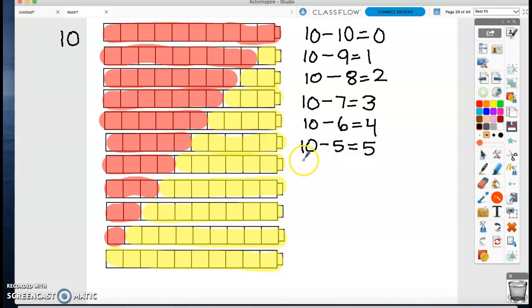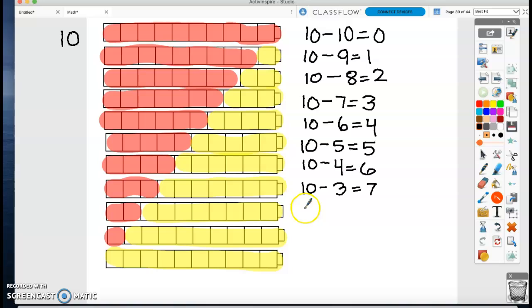How many do we have altogether? 10 minus how many red? 4 equals how many yellow? 6. How many do we have altogether? 10 minus how many red? 3 equals how many yellow? 7.